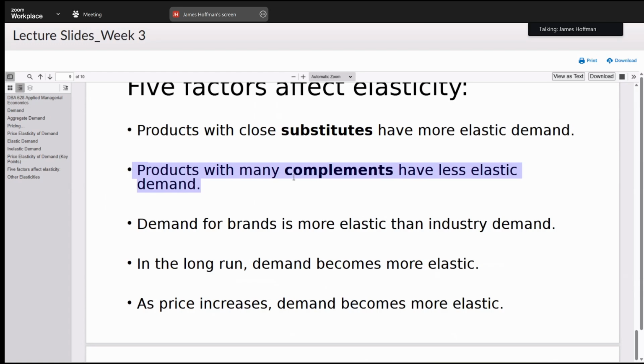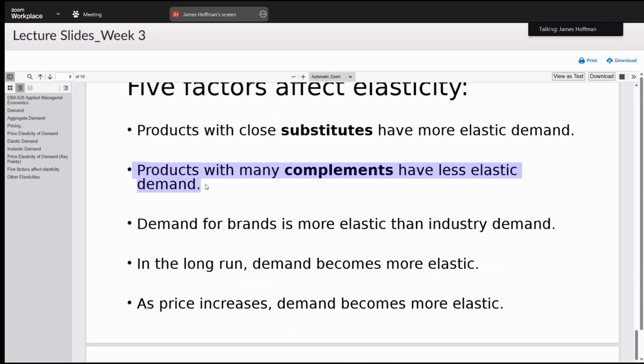Let's say you have a certain game or a certain app, and the app goes up in price. Because it's only compatible with the iPhone, you really have to use it only on the iPhone. So if there's complementary items, each one becomes a little more inelastic because it goes with something else.